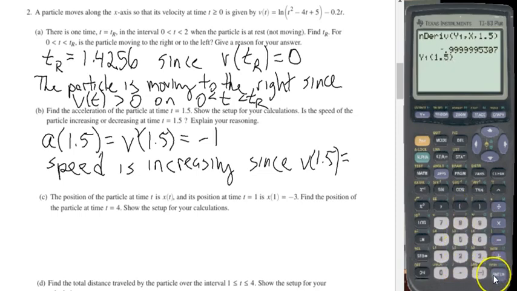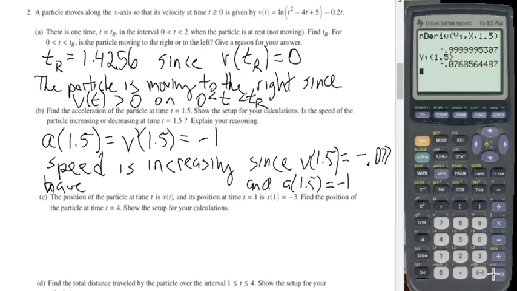That's going to tell us the velocity is negative 0.077, and a of 1.5 equals negative 1, so both have the same sign.